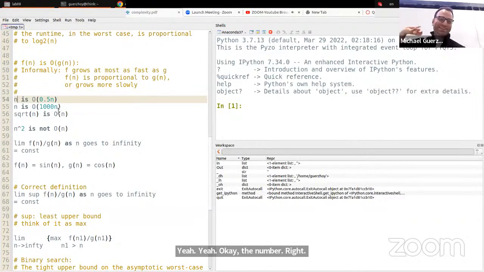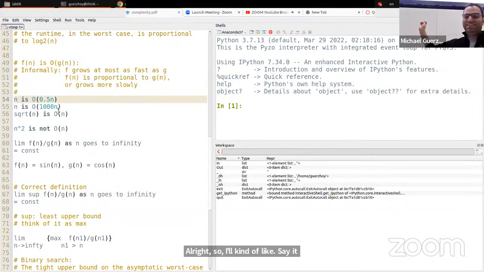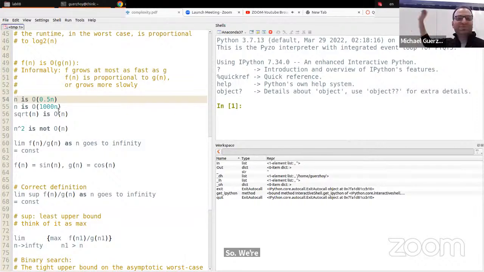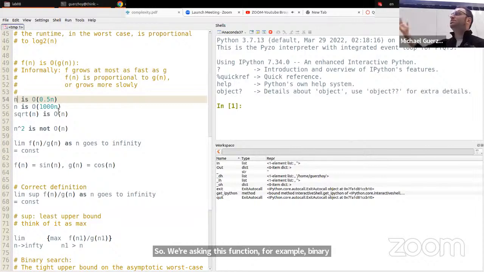I'll say it in my terminology. So we're asking this function, for example, binary search, how long does it take? The kind of answer that we want to provide is, well, it's going to be proportional to log n.